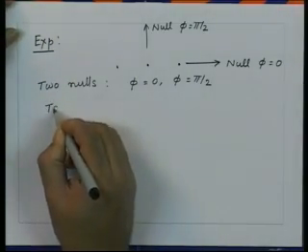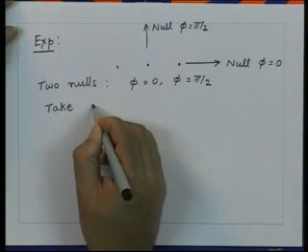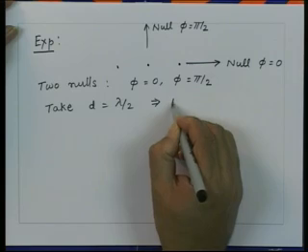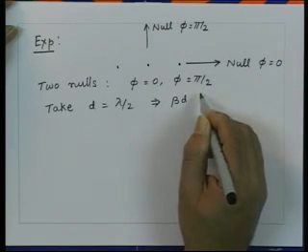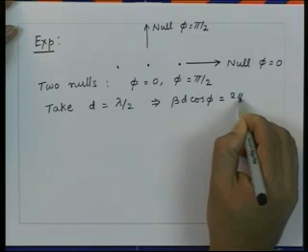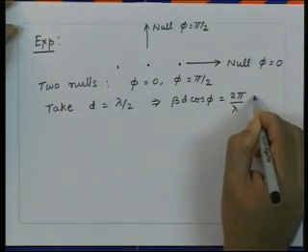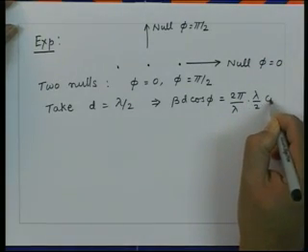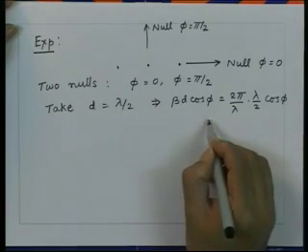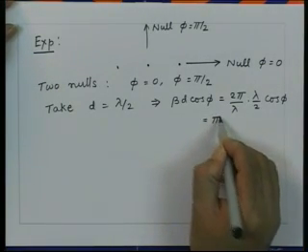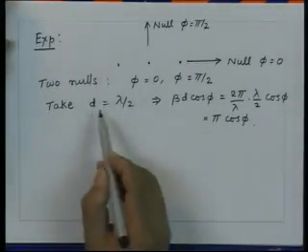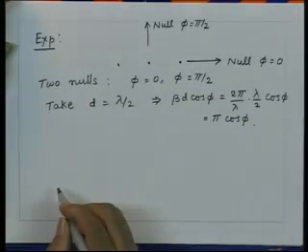First we choose the spacing, take d equal to lambda by 2, giving beta d cos phi equal to 2 pi upon lambda into lambda by 2 cos phi, that is equal to pi cos phi. So, we have now the psi corresponding to the two nulls.